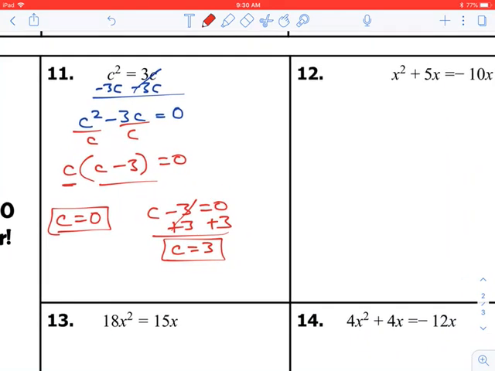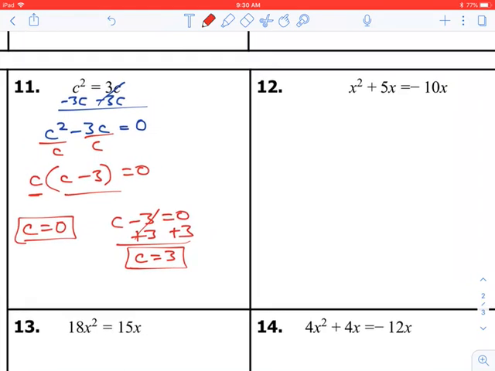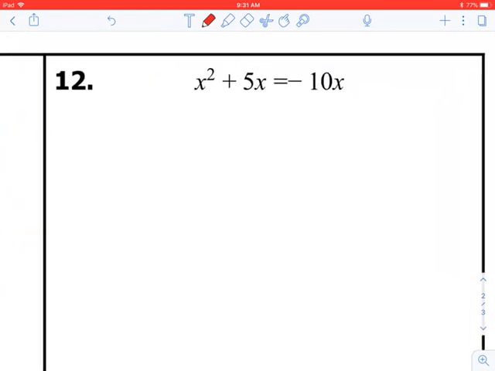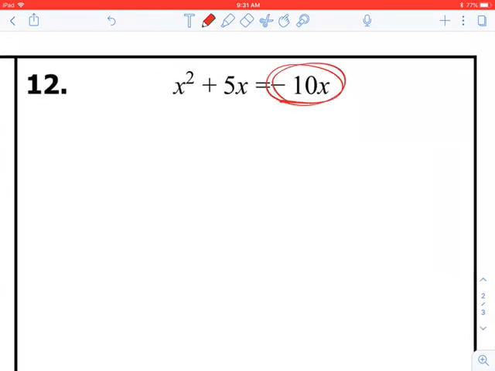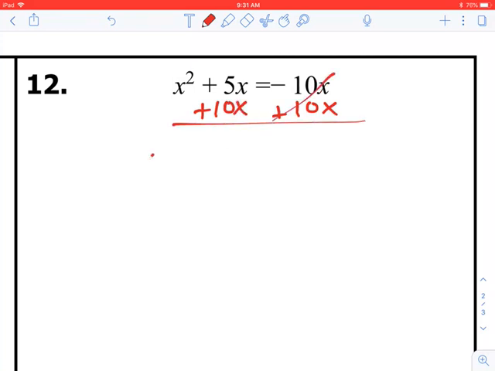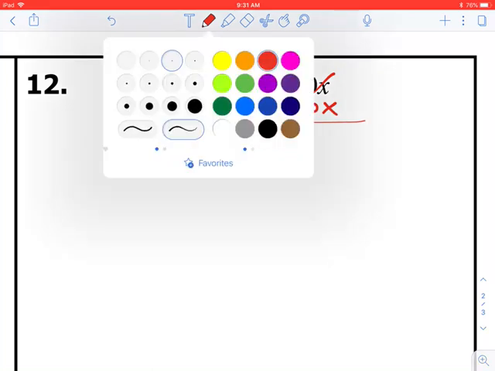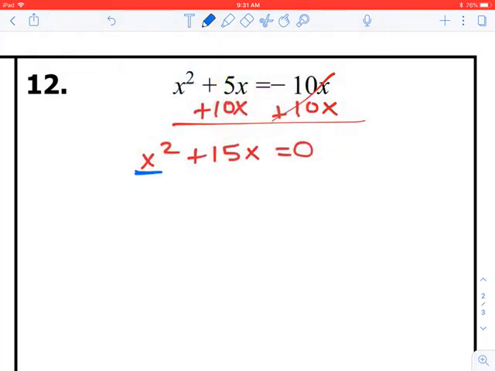However, when we look at number 12, it's a little different. Number 12, still not equal to 0, so I need to add 10x. But when I add 10x to the other side, it actually has the like term. So I get x squared, and then these two combine to make 15x equals 0. And so, just like we just did, I need the GCF.